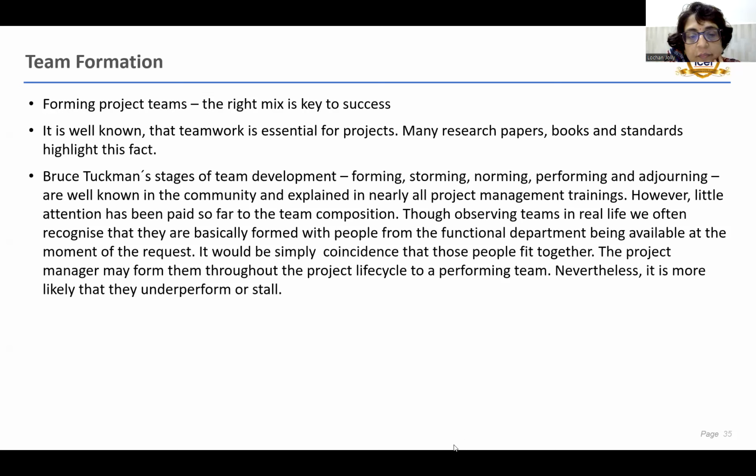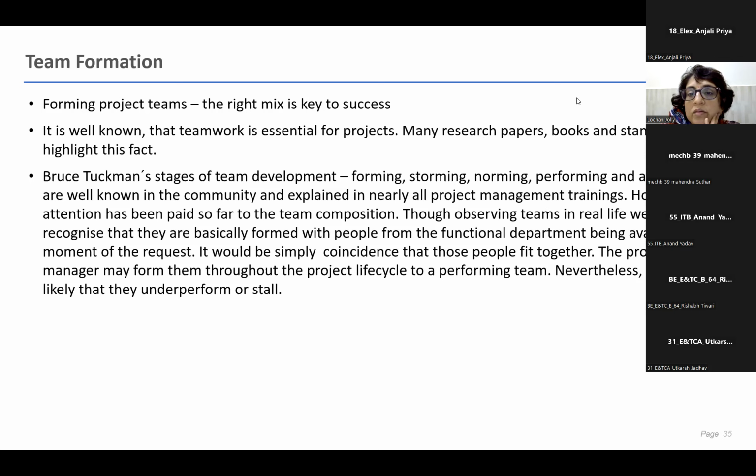Yes. Mr. Anand Yadav, Mahendra Sutar, Rishabh Tiwari, Manav Sangvi.